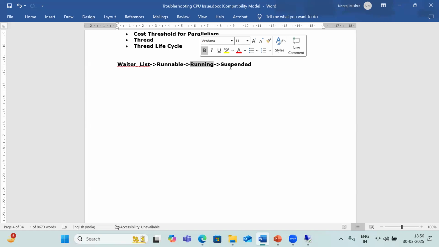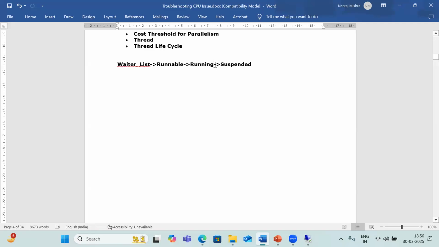If it is a select query, definitely it is a read operation. If it is an insert, update, or delete query, definitely it is a write operation, right? So the table and the number of rows which it is trying to, say for example, read is available, which is not right now exclusively locked by any other transaction or any other session, I would say, or any other thread, then it will start running, right?